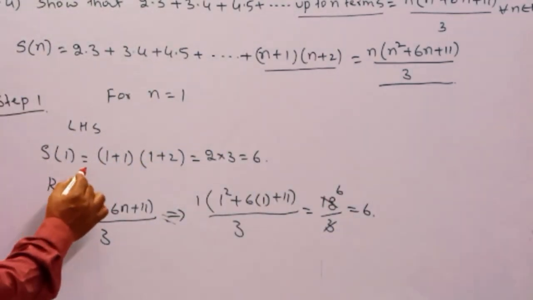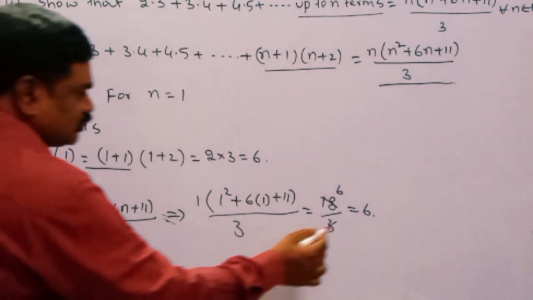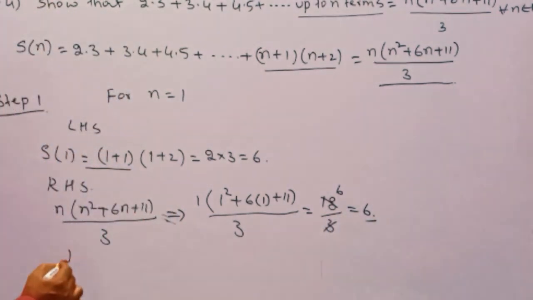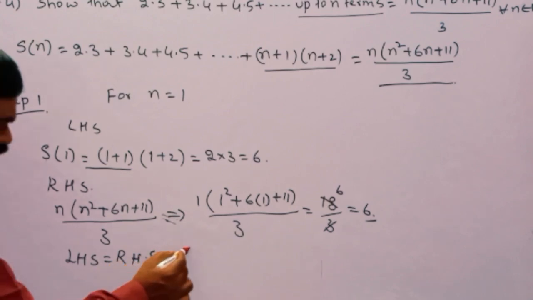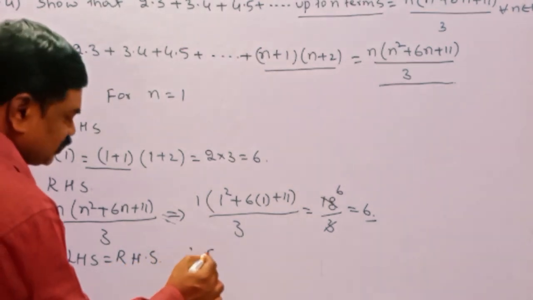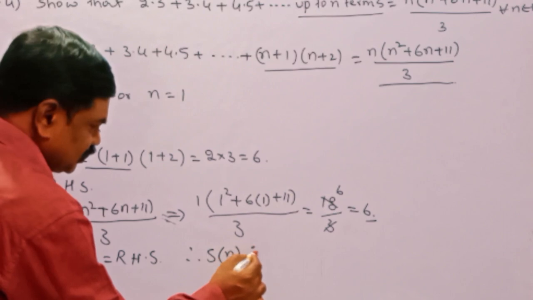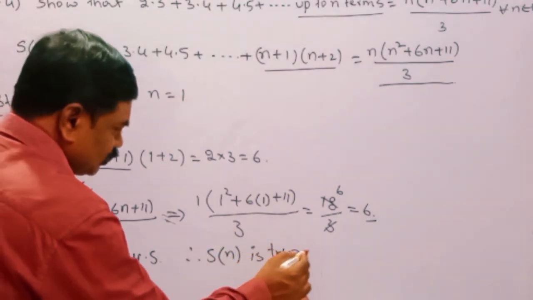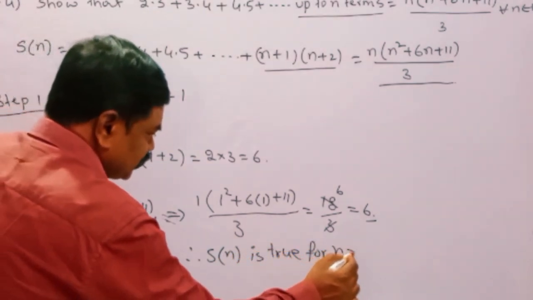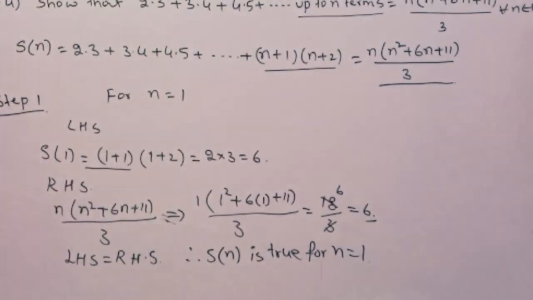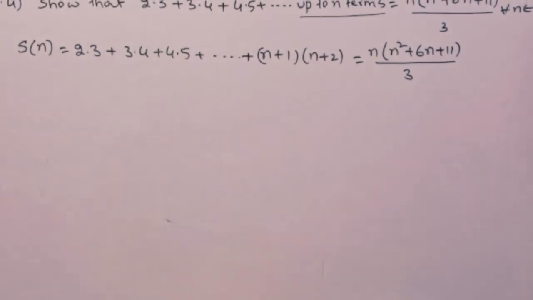You see, this is the LHS and this is the RHS. LHS is equal to RHS, therefore we say S of n is true for n is equal to 1. Step 1 completed. Then we go for step 2.